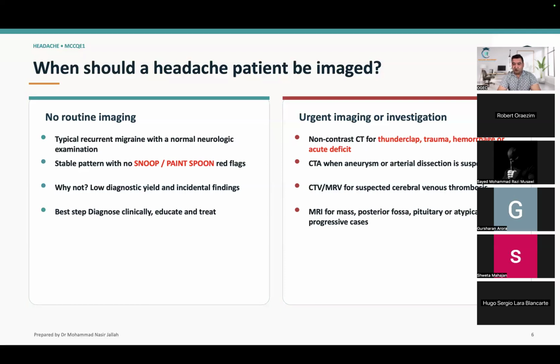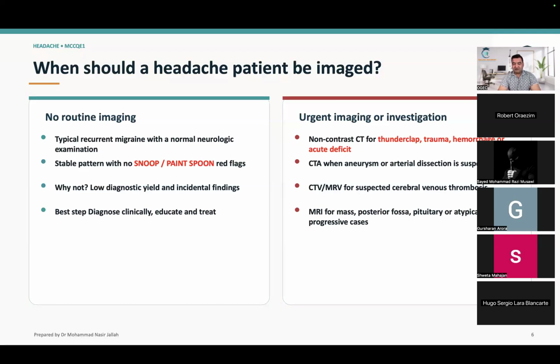We do a non-contrast CT scan for anyone who has head trauma and headache with head trauma, if the patient mentions thunderclap, if you're suspecting hemorrhage, or if the patient has acute headache with a neurological deficit.